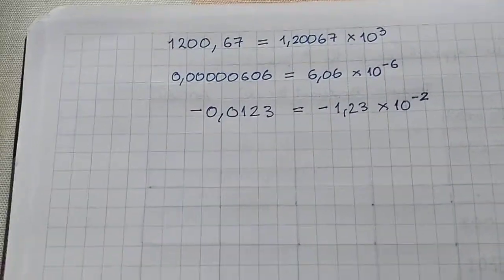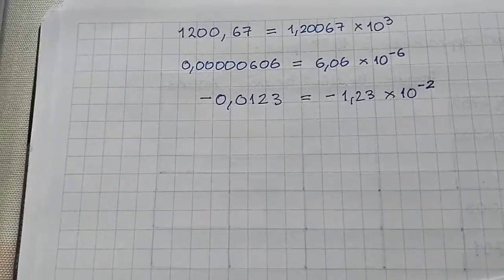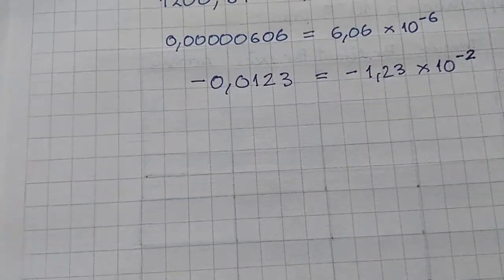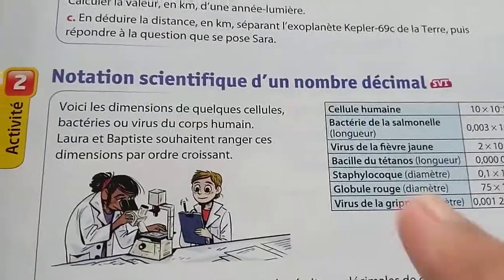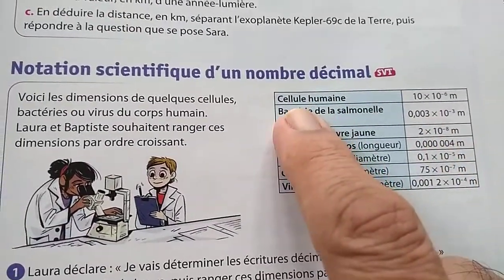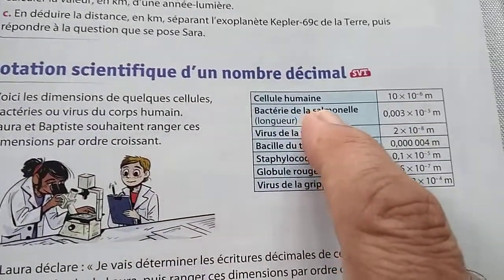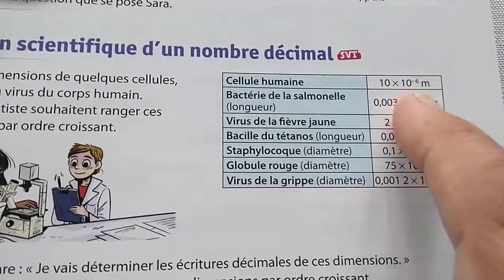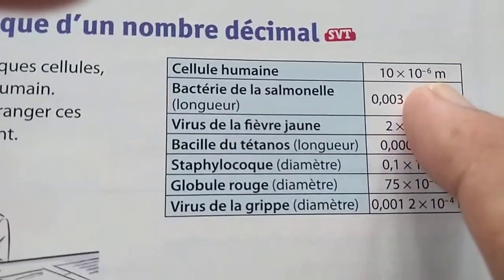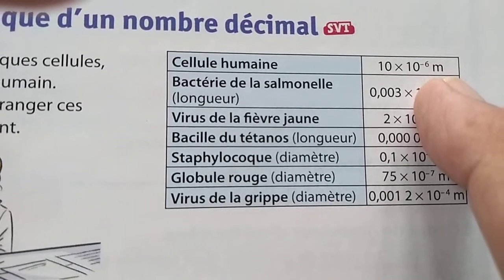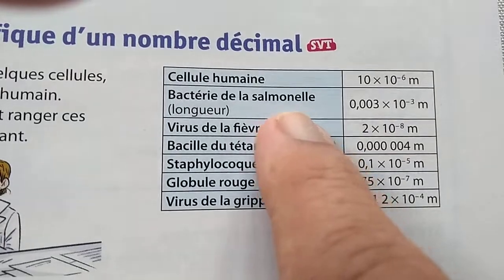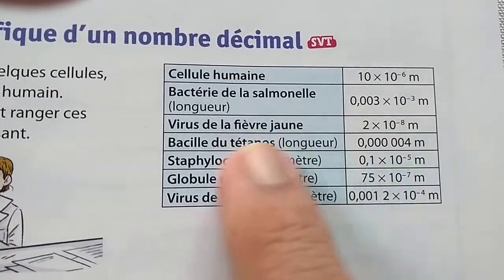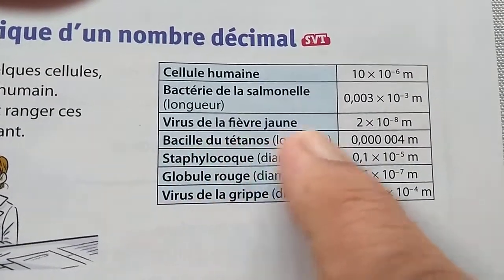Okay, so this is the way of doing scientific notation. In science this notation is used, and here on page 11 they have given a very interesting example. Here, notation scientifique de nombre décimal. A human cell is 10 into 10 to the power minus 6 meters. Salmonella bacteria, length is this much. Yellow fever virus is this size.